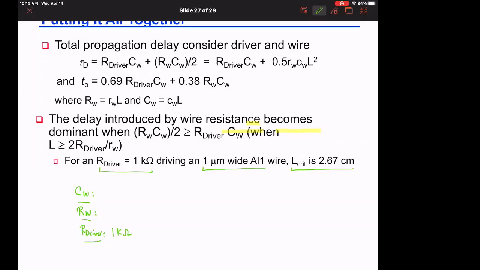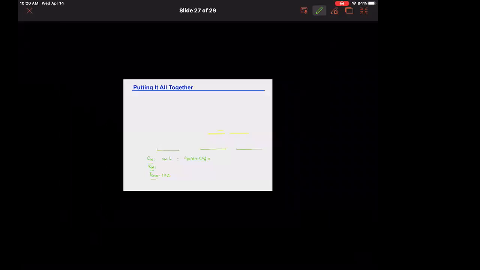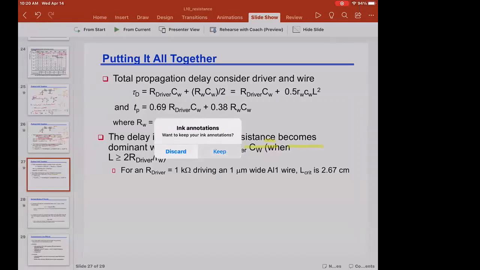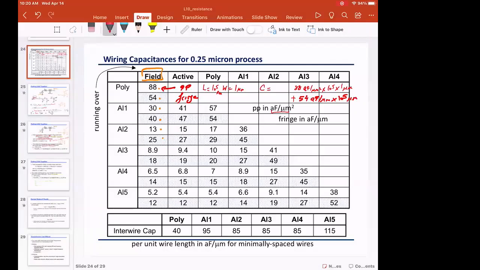For CW it is little cw times L, and we said that this is CPP times the width plus 2CF, and we need to go back now to the table to see how these quantities matter. So let us check it for aluminium one. The CPP is 30 and the C fringe is 40.